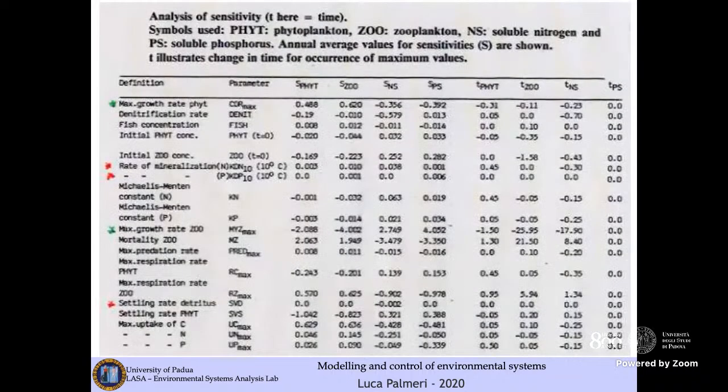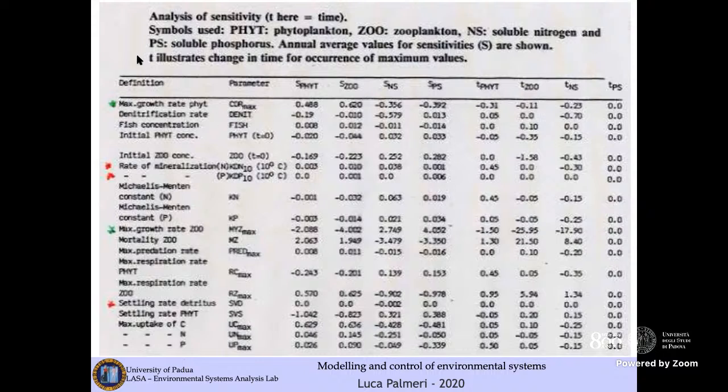And I give you in this table an example of a first sensitivity analysis. This is a model describing the interaction between phytoplankton and zooplankton. The currency here is soluble nitrogen and soluble phosphorus. We look at annual average values of the sensitivities that are plotted in this table.